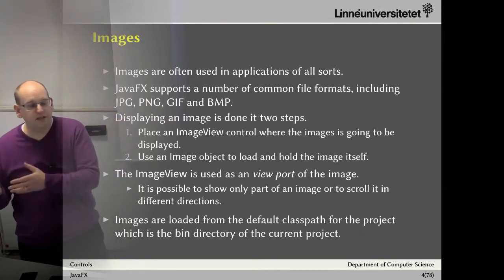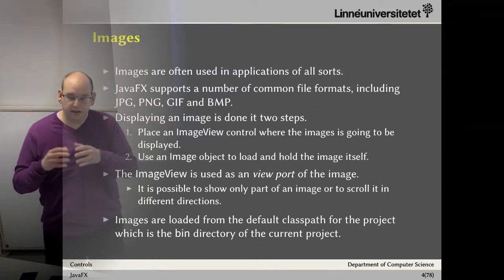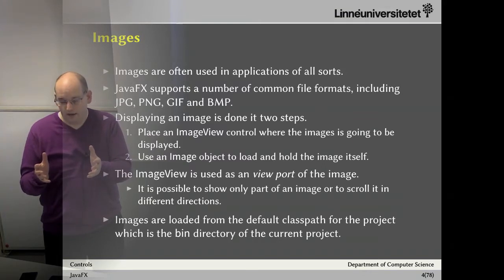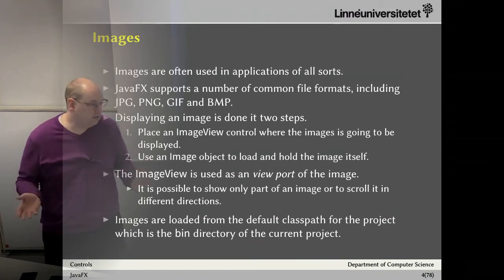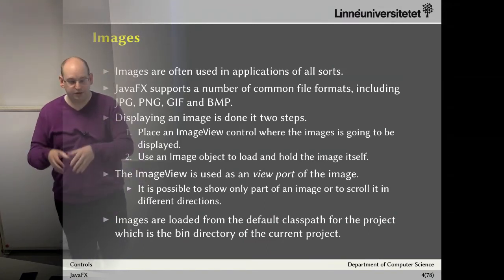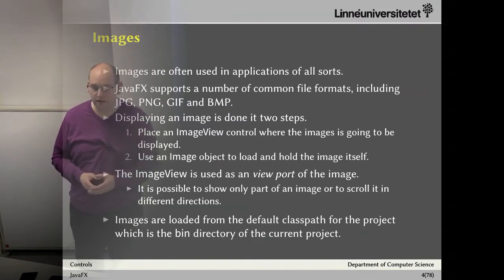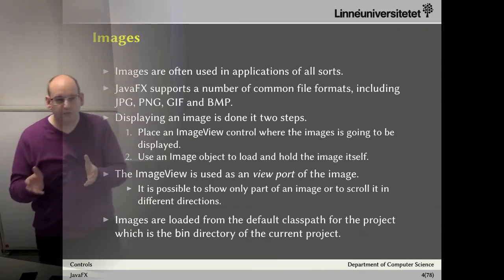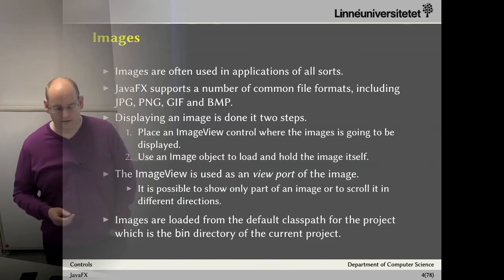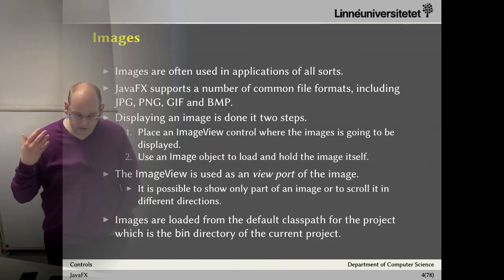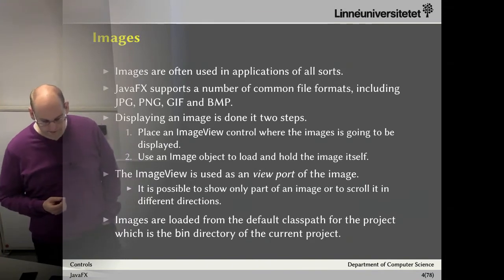Whereas the image view is displaying whatever part of the image we want in whatever way we want to do it. In most cases, I would suspect that we just want the image right there. But in some cases, we might like to change that. And that is then the responsibility of the image view.